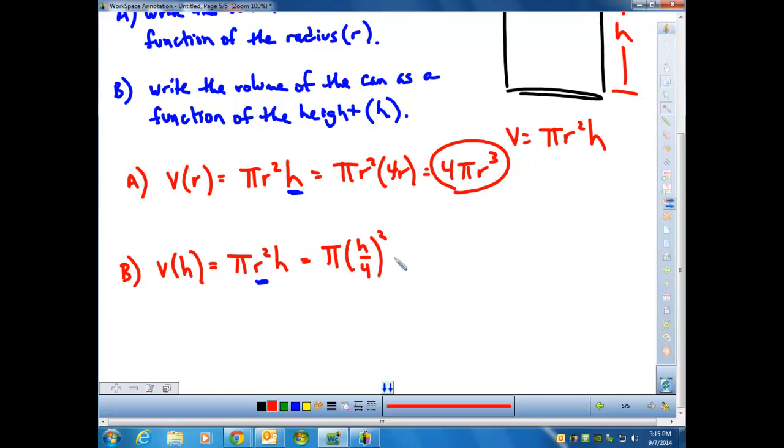When I square a fraction, I need to square the numerator and the denominator, so that's going to be h squared over 16. And when I simplify all this the best I can, my answer is going to end up being pi times h cubed all over 16. And so this is just an application of us rewriting a function to get some particular letter by itself.